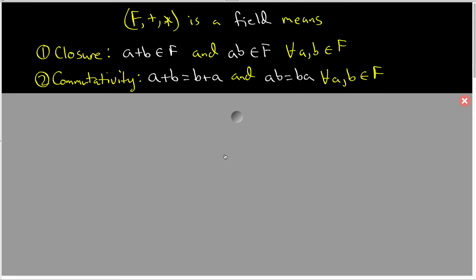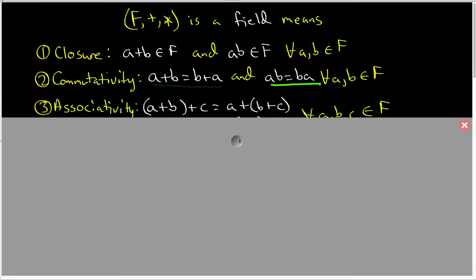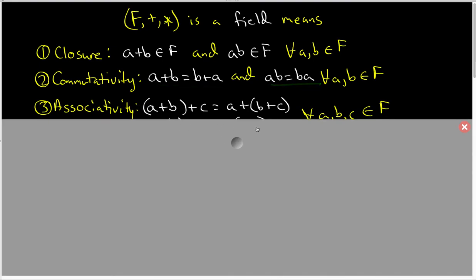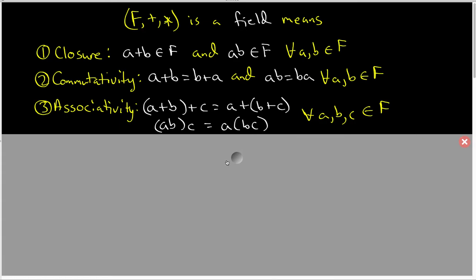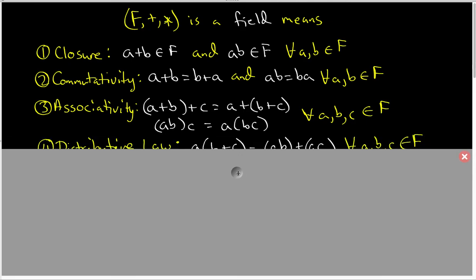It doesn't matter which way we add or which way we multiply. In other words, A plus B and B plus A are the same thing. A times B and B times A are the same thing. We have associativity. We can put parentheses wherever we want to in addition. We can put parentheses wherever we want to in multiplication. And again, this is true for all elements inside the field.